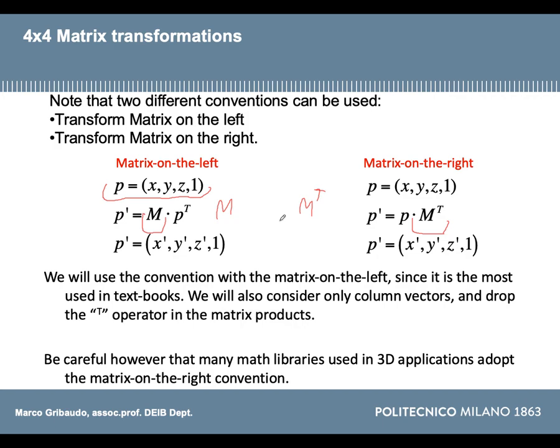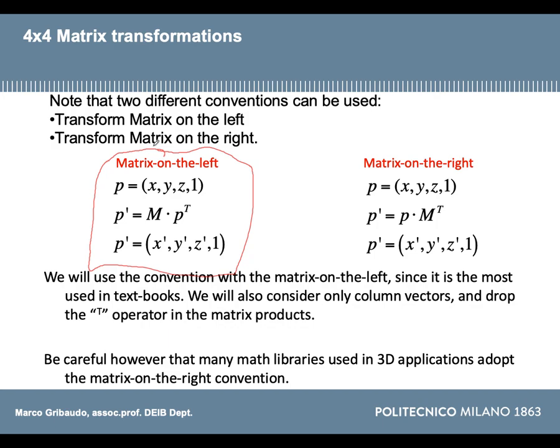Okay? We will use the matrix on the left. Why will we be using the matrix on the left? Because this is a university course, which as main reference usually adopts books. And most of the computer graphics books, when explaining the theory, use this matrix on the left notation.